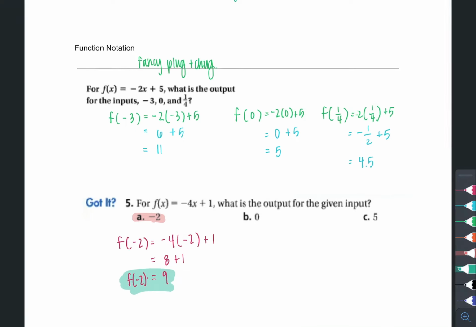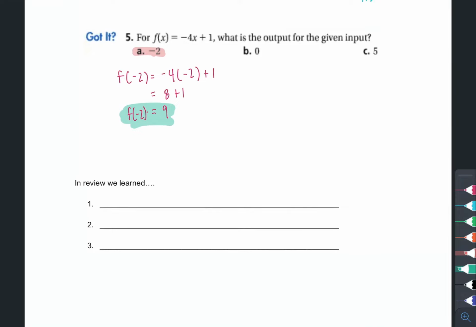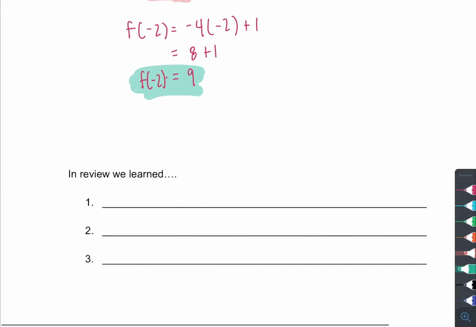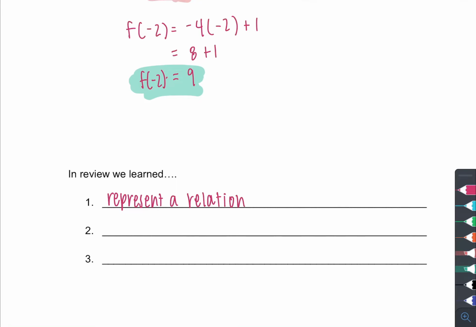All right, I believe that is all for today, folks. Let's just talk about what we learned today. Today we learned how to represent a function, or I'm sorry, not represent a function, represent a relation 4 different ways.